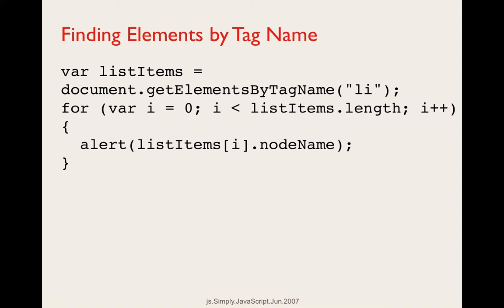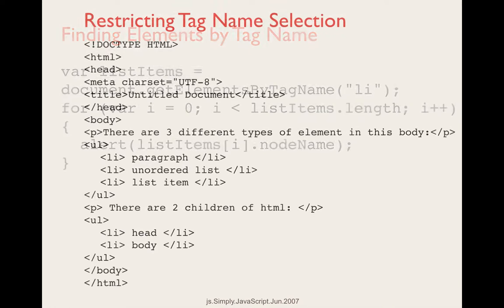And right now we're just doing something mundane, like listing all the items by their node name. So you can loop through using the length of the listItems, or length of the node list that is returned, and a for loop. Very, very powerful thing.